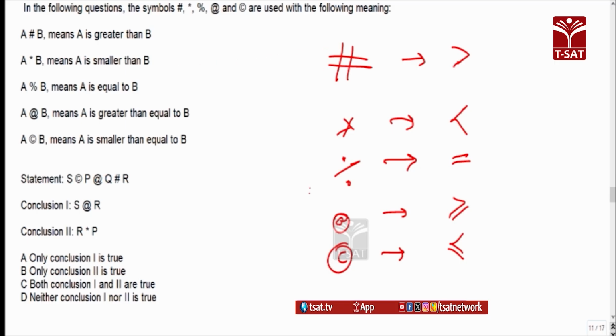After following these directions, now see the statement. Even the statement is also in symbols. So you convert these symbols into greater than and less than. How can I write this particular statement?